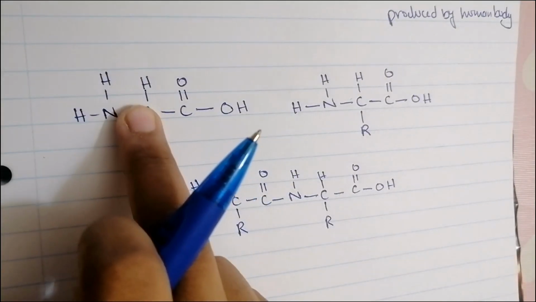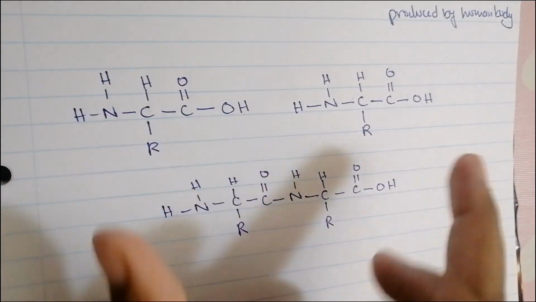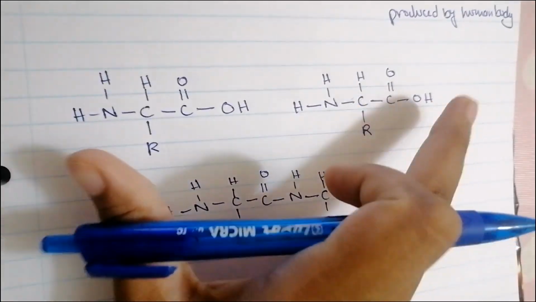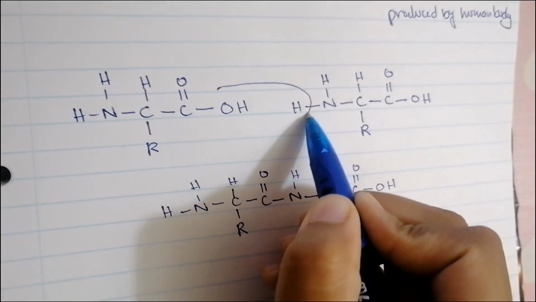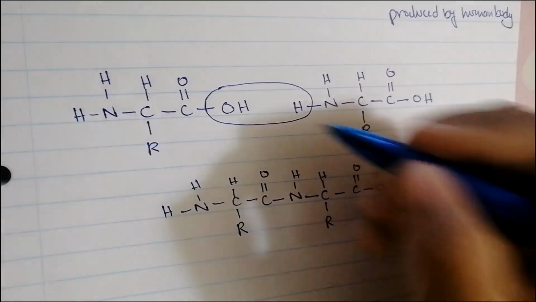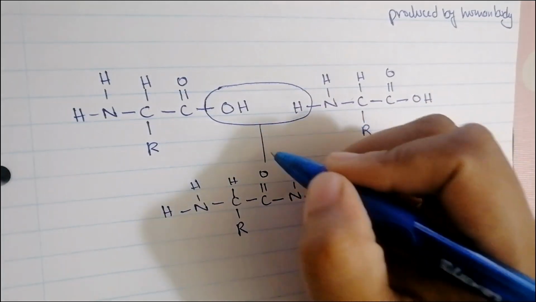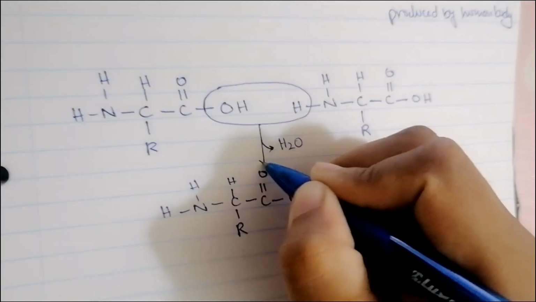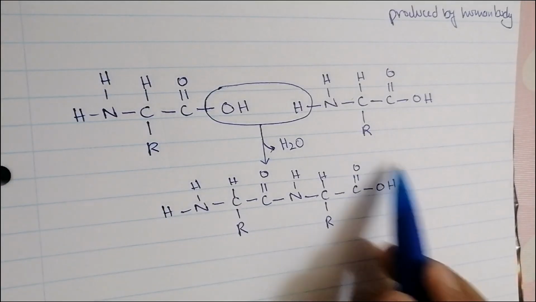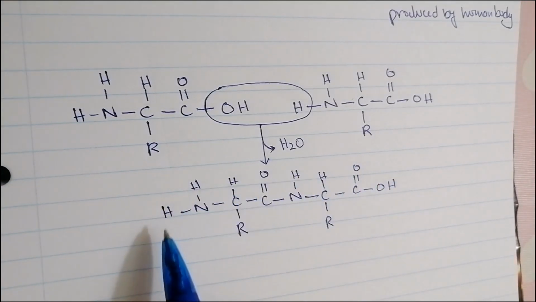Again here carboxylic group, side chain, alpha carbon, hydrogen and amino group. So they will link together. When they link together, this will come out, right? So from here your H2O water molecule will come out and this molecule here will be formed.